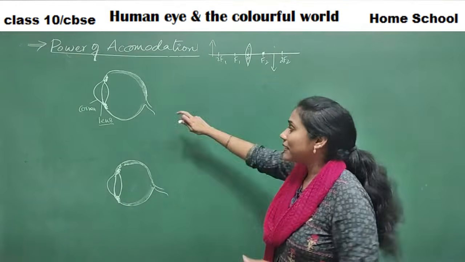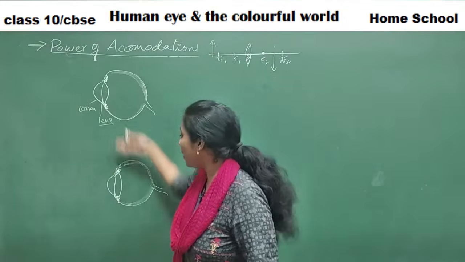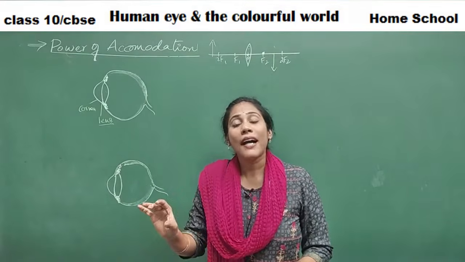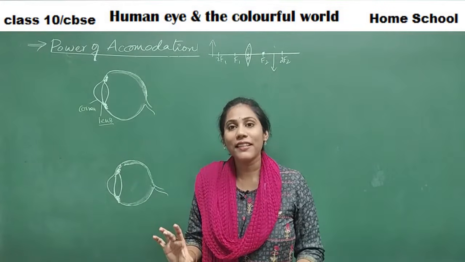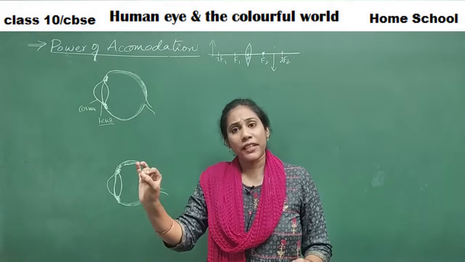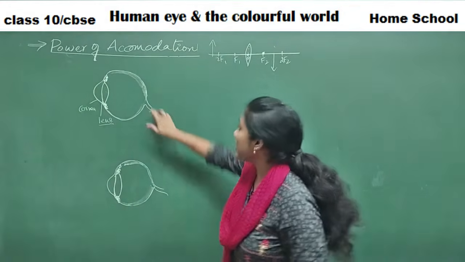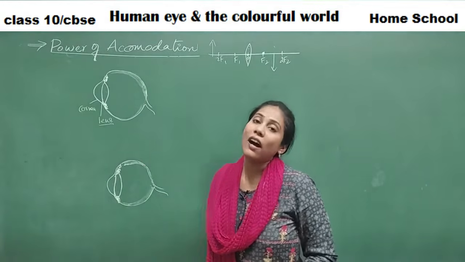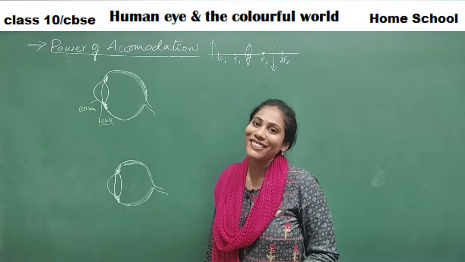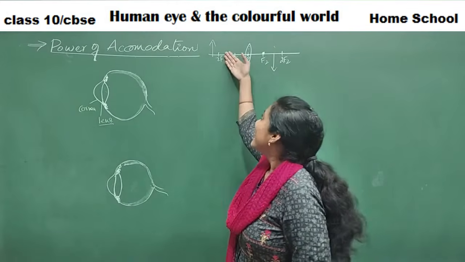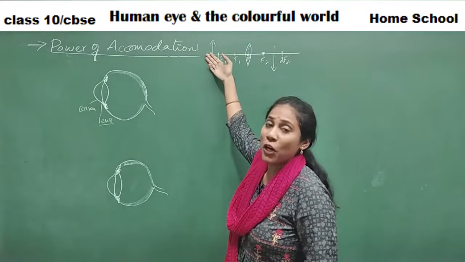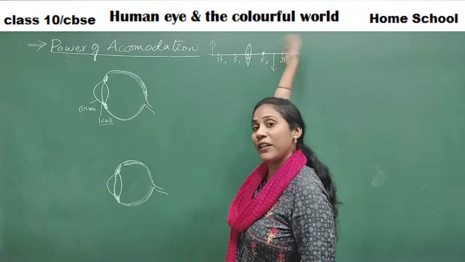But in the human eye, we also have a convex lens. The difference here is, whether you keep your object near or far, the image is always formed on the retina. Got it? See the difference? Depending on the position of the object, you got your image in a different position.